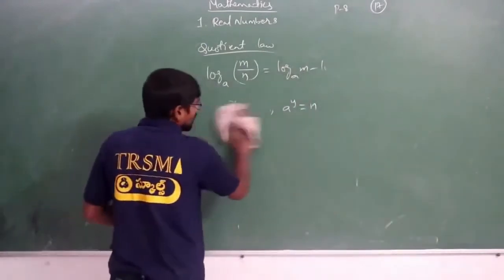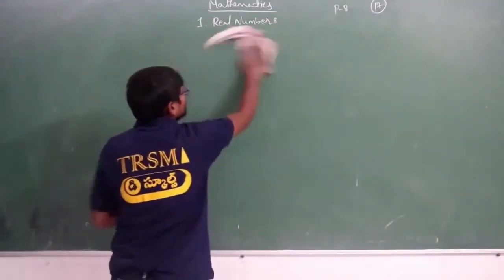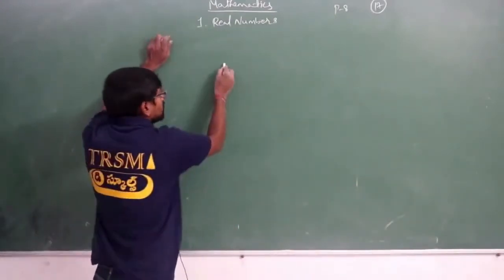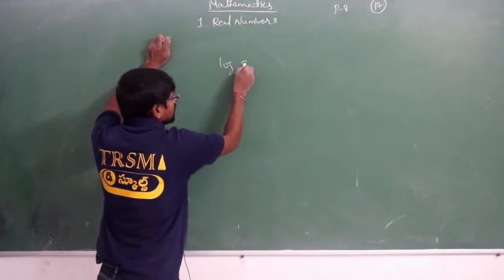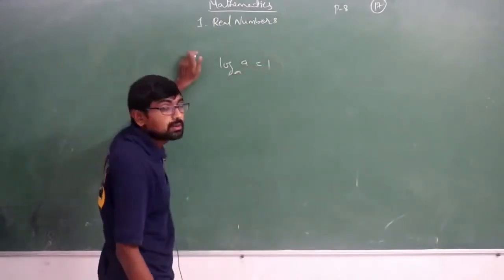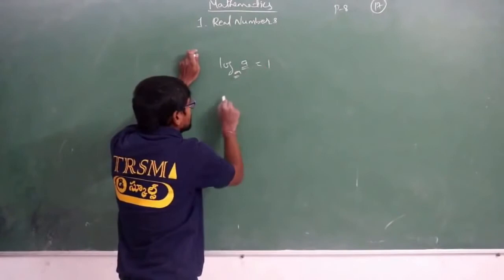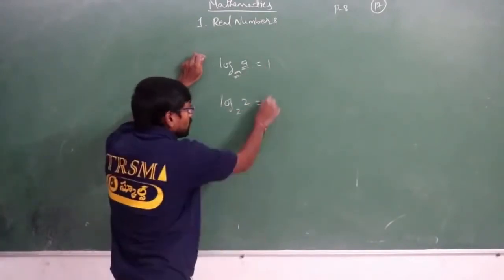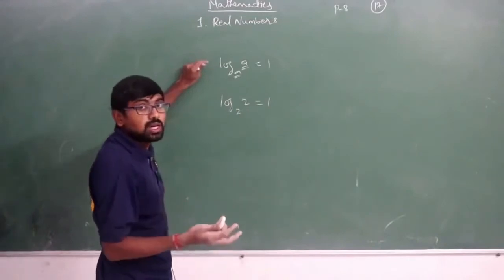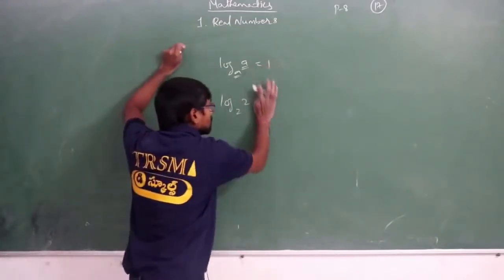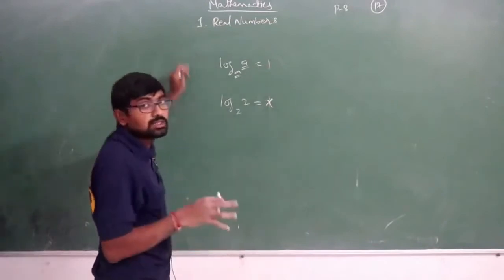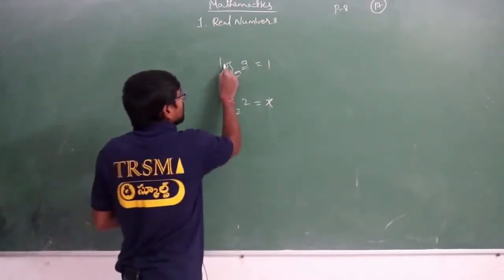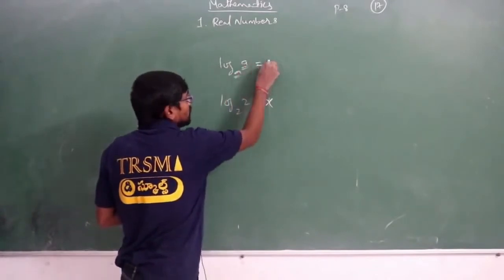Now one more thing I have told you: log base a of a is equal to 1. If I take an example, log base 2 of 2 is equal to 1, where both the values are the same. If I convert this into exponential form, let us think we don't know this value and assume it as x. The formula says log base a of a is always equal to 1.